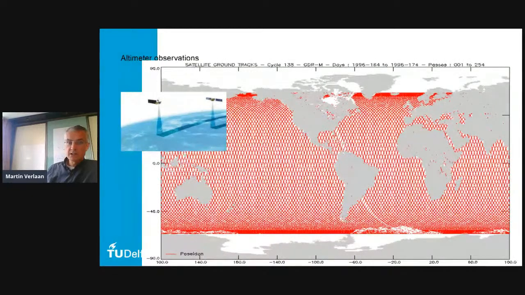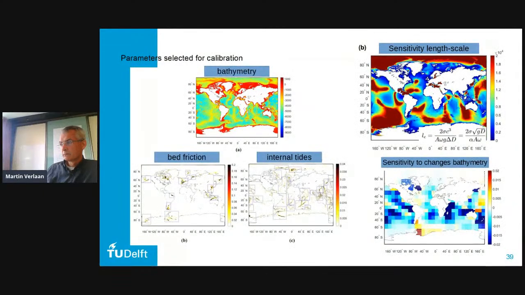Because there are also satellites that measure the water level. In this case, an example, I think it's Topex. But there are several satellites that measure the water level continuously. So that's an additional source of information. Now let's first look at the calibration case for this model.